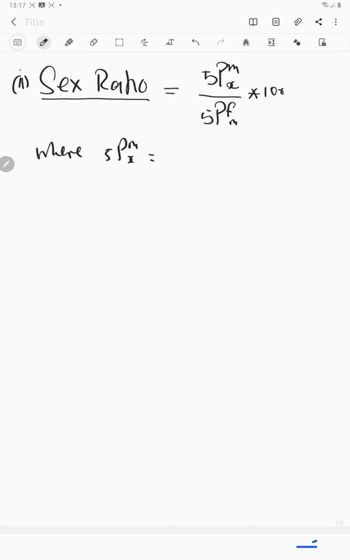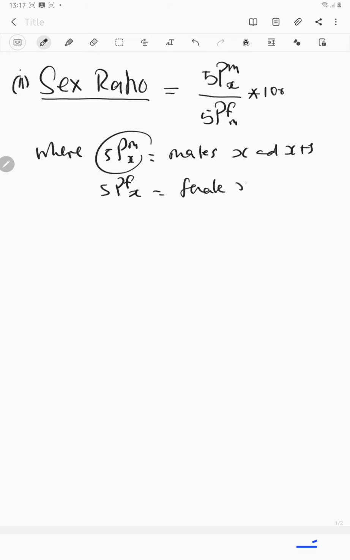5Mx represents the males aged x to x plus 5 interval period, and similarly 5Fx stands for females aged between this and this particular period. So this is the most important part.